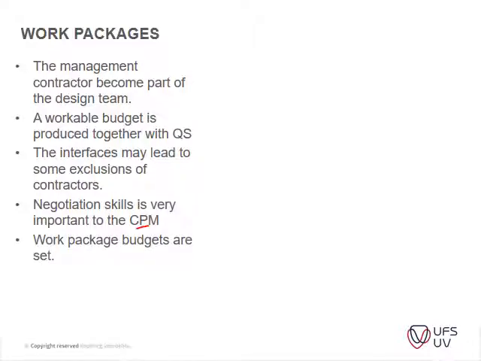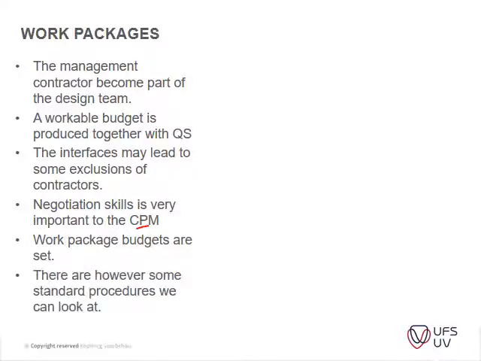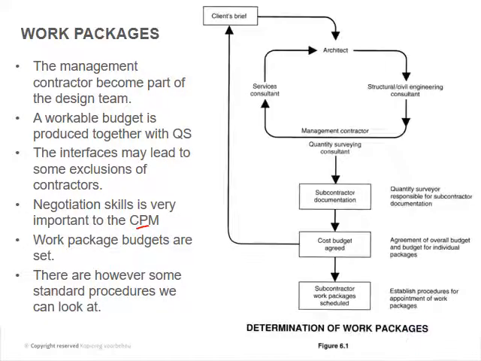And then the final packages budgets are set, and then the contractor produces these packages within the total project envelope. There are, however, some standard procedures we have to look at. So let's have a look. You've got your client brief on this side, you've got your architect that does a basic design, you've got your structural engineer or civil engineer that looks at certain items and sees how it will work.